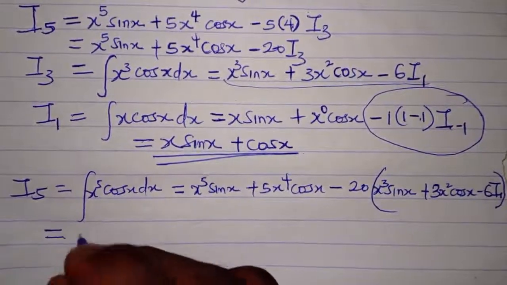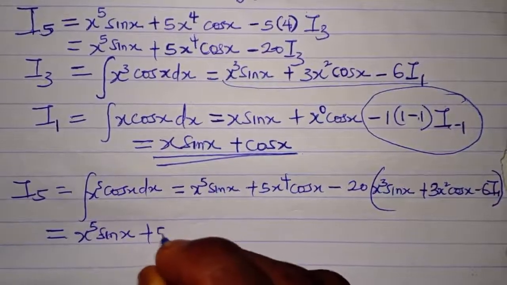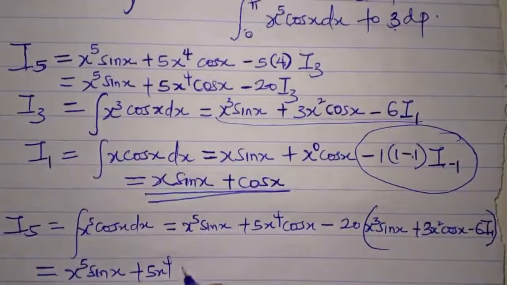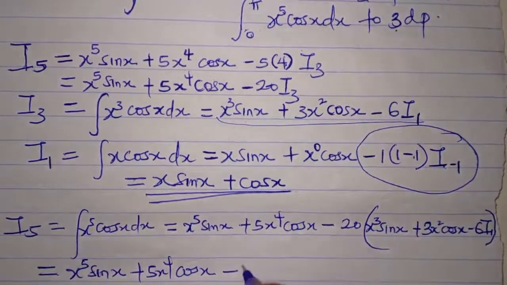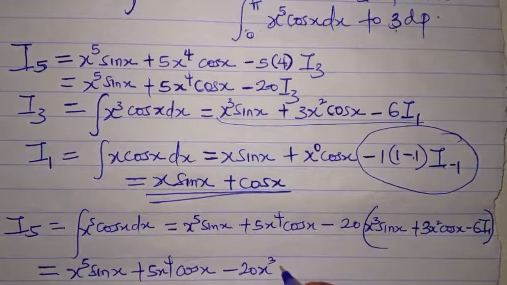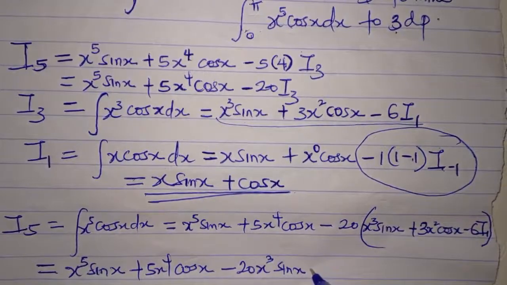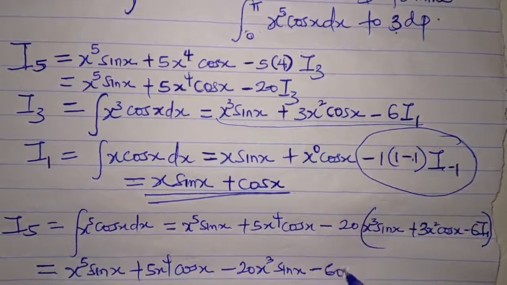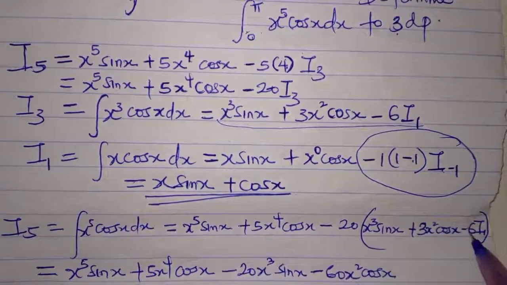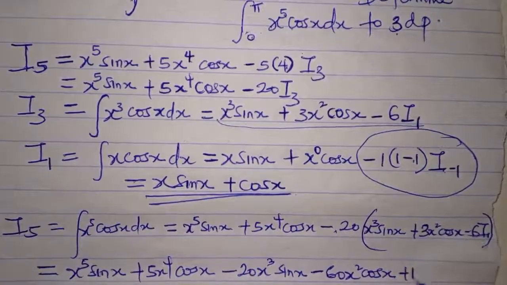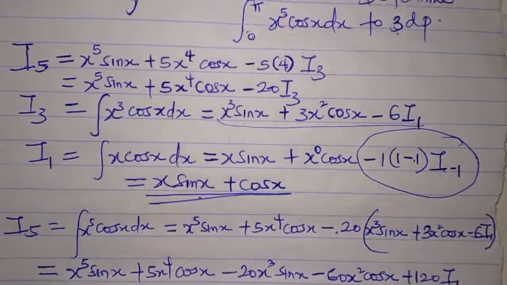And that will be x to the 5th sine x plus 5x to the 4th cos x minus 20x cubed sine x, just keep following, minus 60x squared cos x. Then this times this, that will be plus 120 I1. What's I1? This is I1.